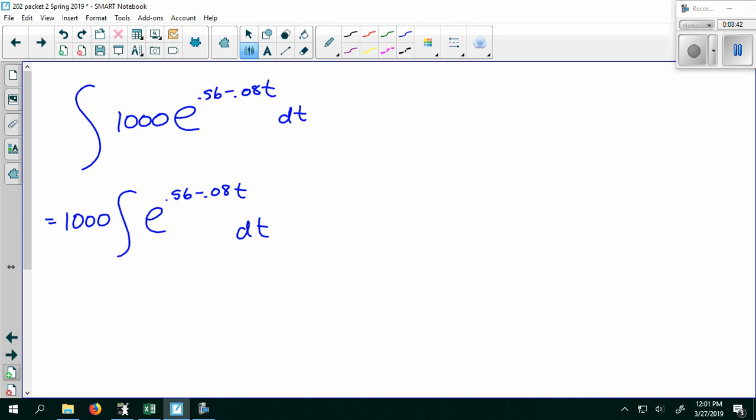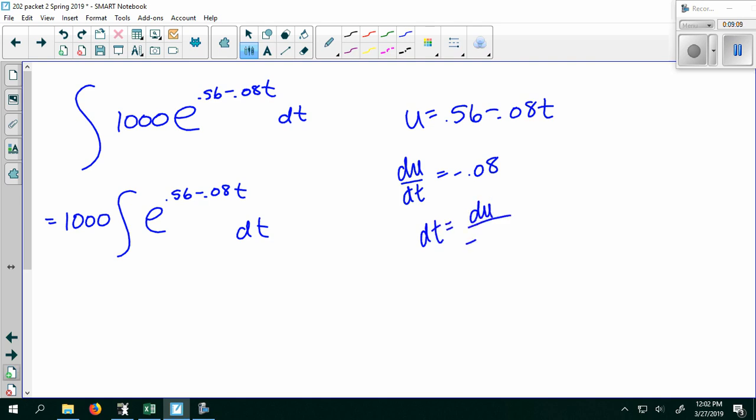So that's e to some stuff, and the antiderivative of e to the x is e to the x plus c. So I'm going to replace that stuff, 0.56 minus 0.08 t, with a u, do a u substitution. So I'm going to let u be 0.56 minus 0.08 t, which means that du dt is negative 0.08, which means that dt is du over negative 0.08.